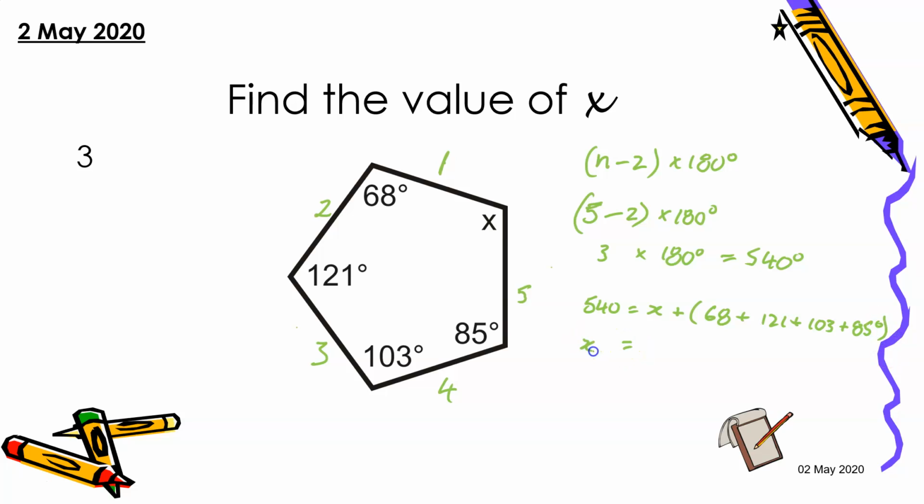So x must be equal to 540 take away the sum of what's in the brackets, which is 377. So we end up with the answer that x must be 163 degrees.